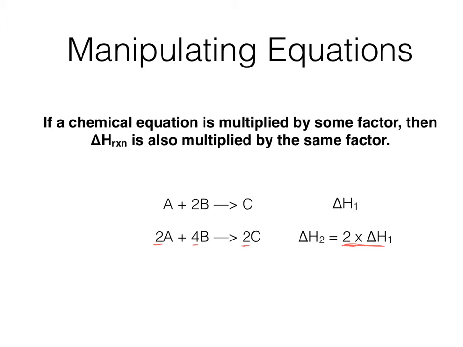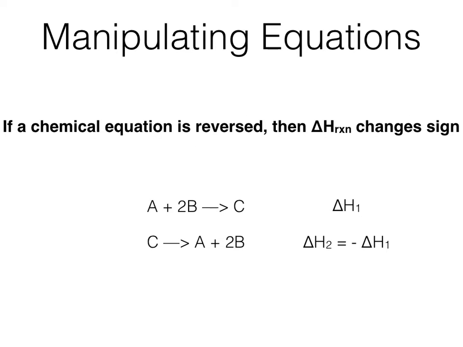So if a chemical equation is multiplied by some factor, then the enthalpy of reaction is also multiplied by the same factor. If a chemical reaction is reversed, then the sign of the delta H of reaction is reversed. In this example, I have delta H1 for the forward reaction, and delta H2 for the reverse reaction is equal to the negative of delta H1.